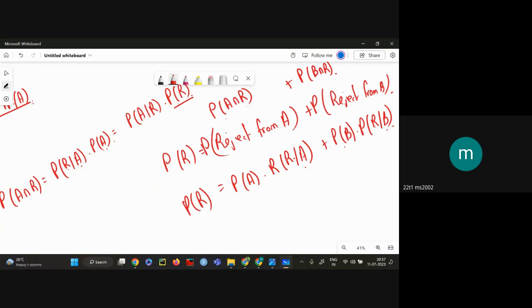Sir, can we represent conditional probability in a Venn diagram? You want to represent conditional probability in a Venn diagram, just like A intersection R represented the intersection of both circles. And then what does R given A represent?